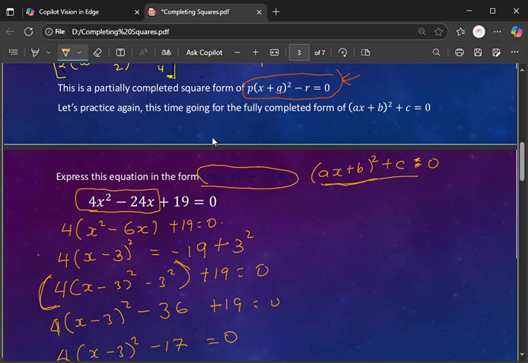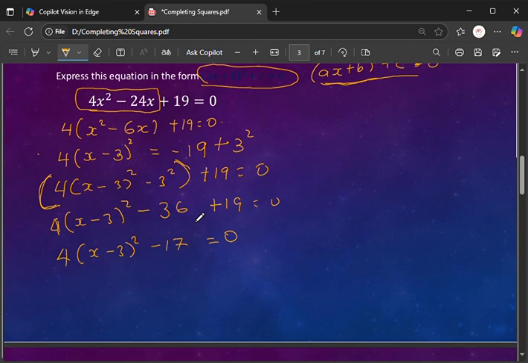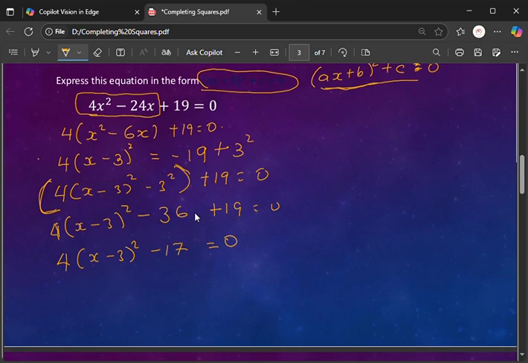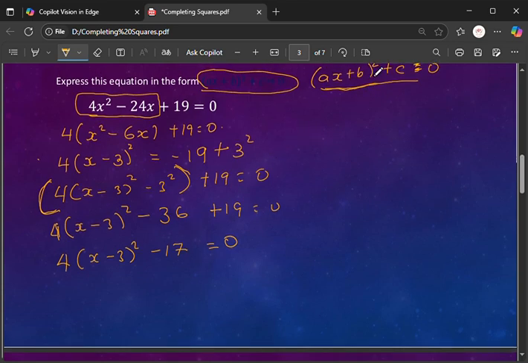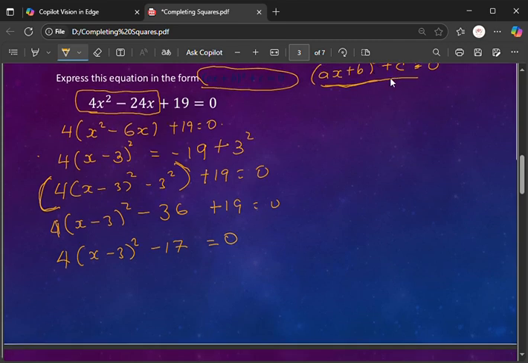In the first one we were stopping here. Basically, the stage where we are right now is where we stopped in the first one, but sometimes they'll advance it and say write in the form (ax plus b) into bracket squared plus c. So let's see how we can achieve that. Does that make sense? I hope it does.